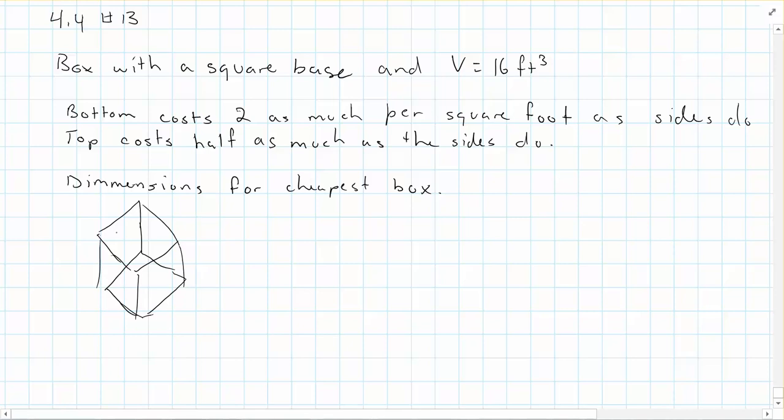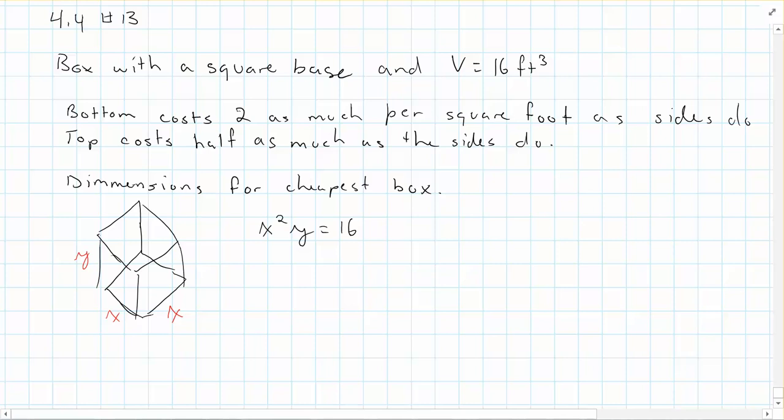Square base, and then it's got some height here. So I'm going to label a couple things here. First off, I'm going to label the box bottom here as sides x and x, and then I'm going to label the height of the box as y. So right away we know that the volume is x squared times y is equal to 16.